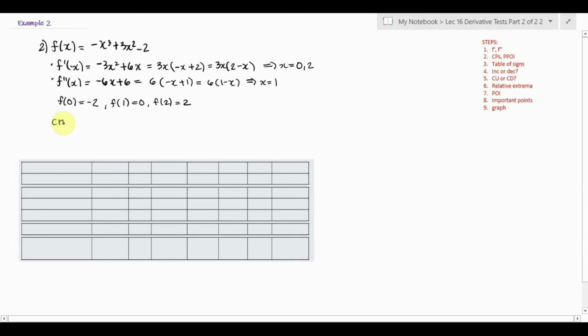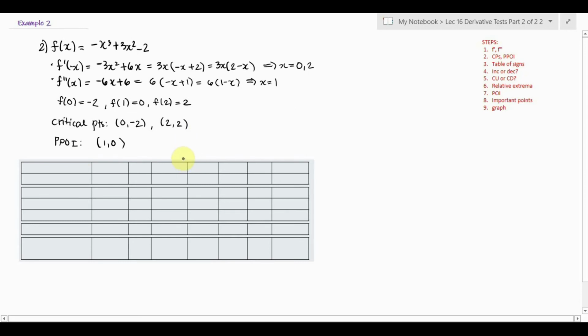So, therefore, we have the critical points as 0, negative 2. Tapos, at x equals 2, ang y coordinate ay 2. And the only PPOI is at x equals 1 with y coordinate 0. Okay? So, this will be our CPs and PPOI.